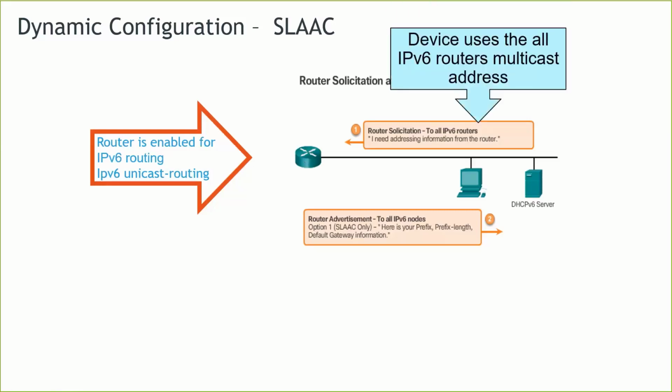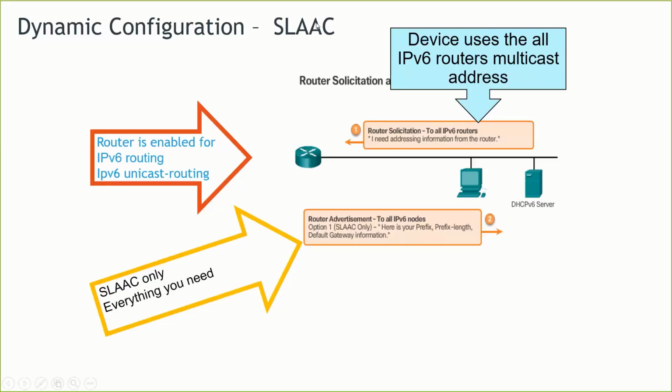So my client, my host device gets turned on, and it uses the all routers multicast address, FF02::2. It uses that address, and it sends out a message that says, hey, I'm soliciting for an IPv6 address. I need an address, right? I need an address, I need an address.